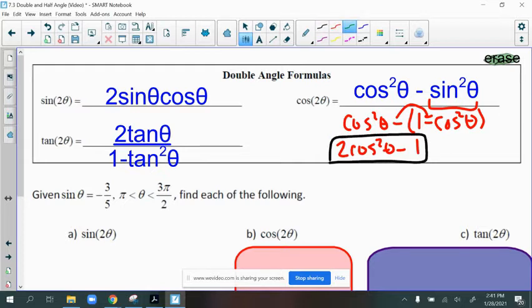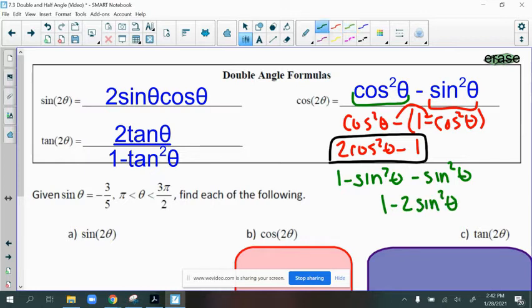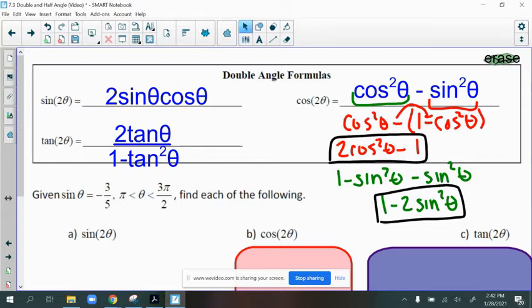And similarly, let's say I wanted to change this one into 1 minus sine squared minus sine squared. So that means I have 1 minus 2 sine squared. So cosine has more than one form just because you can change a cosine squared or sine squared into the other one. But those other 2 come from that main one, which comes from the sum or difference one.